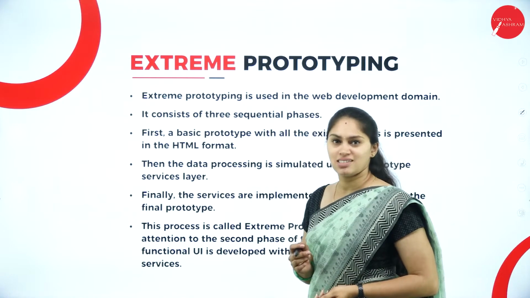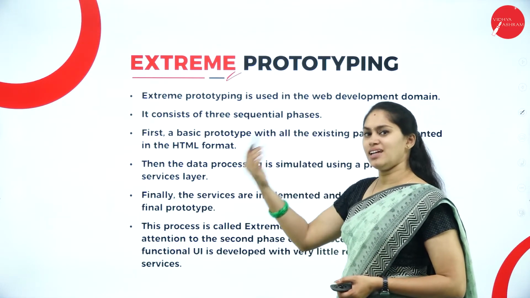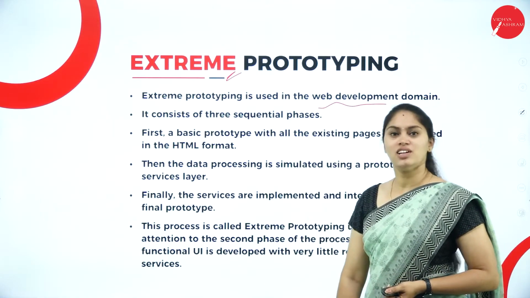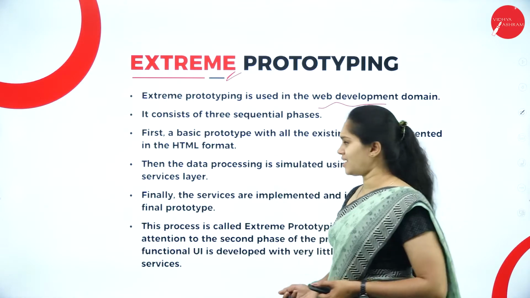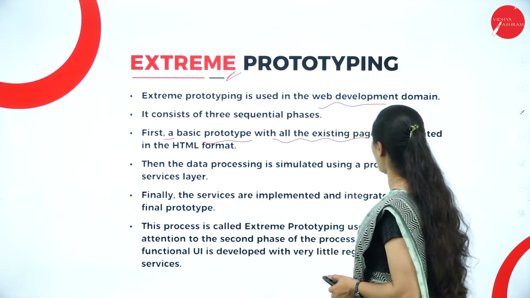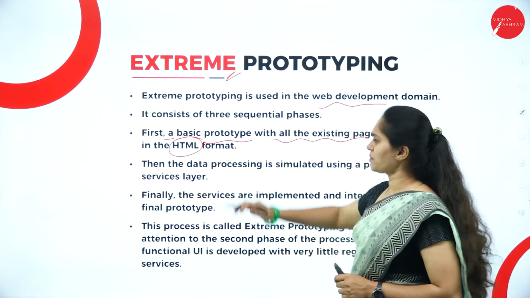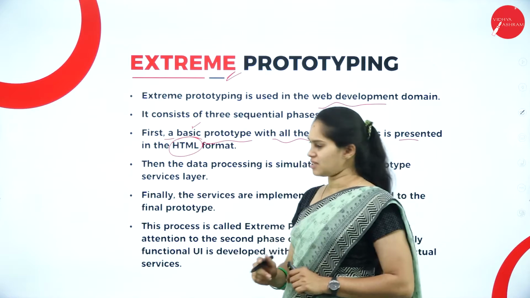Then what about extreme prototyping? As the name indicates, extreme, it will be at the next level. We use this with respect to the web development domain. In extreme prototyping, there are 3 stages. In the first stage, a basic prototype with all the existing pages is present in HTML format. It will have all the web pages as a basic prototype in the first level.